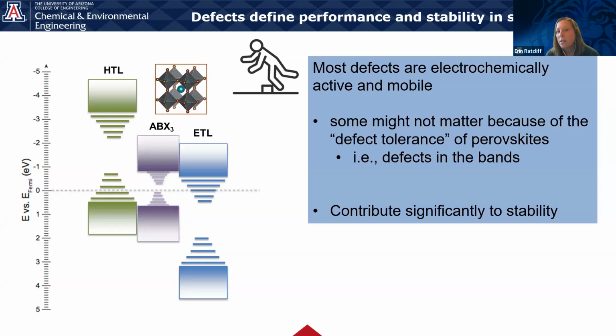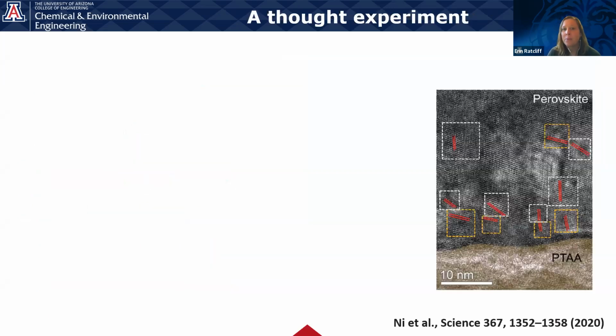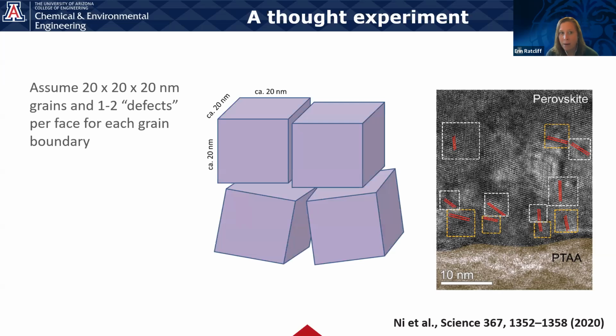So this lets us ask a very simple question: how many defects are there? We can start with a very simple thought experiment. What I'm showing you here on the right is a high resolution TEM out of the group of Dingshun Wang at North Carolina. If you look at the length scale, this is when we first got going in perovskites in 2020, we have domains on the order of about 20 by 20 by 20 nanometers.